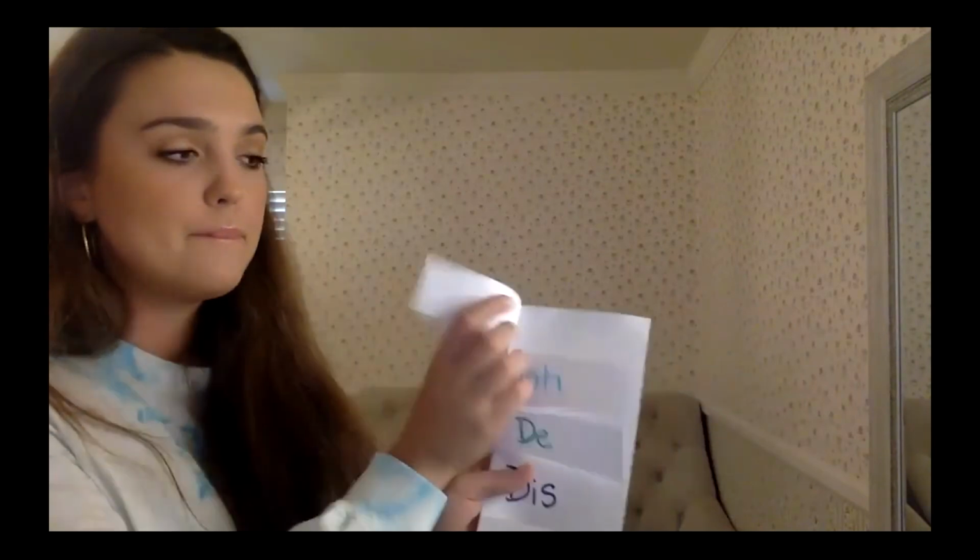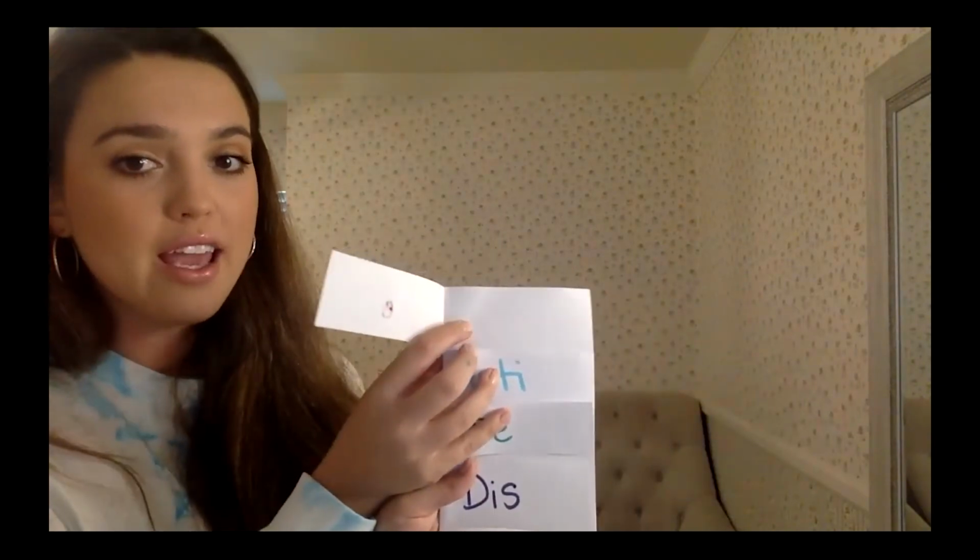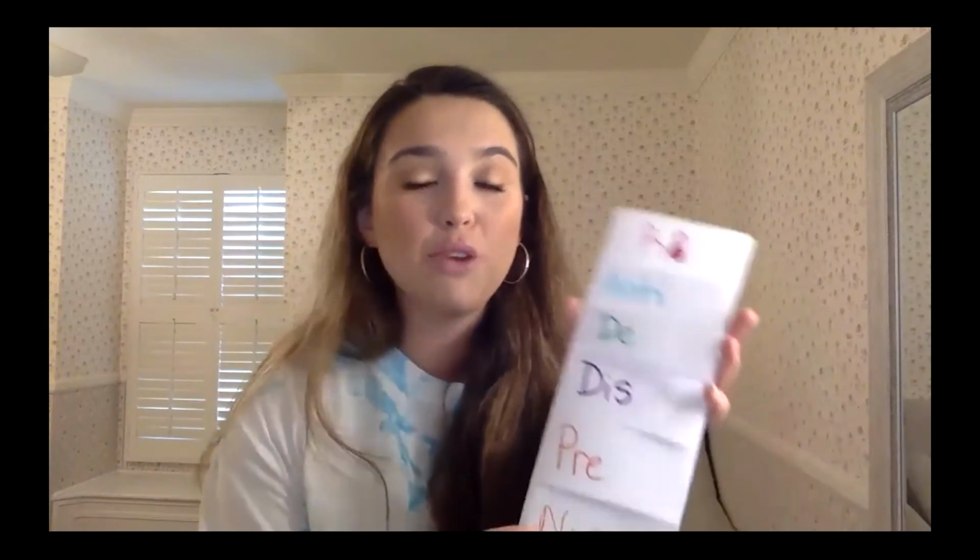Well, all you have to do is peel back your re and you will find words that start with re right in that row. And so it's really nice and very helpful for you, and maybe even when you are reading books, you will see a word and you're not sure what it means, but maybe it has this prefix and you remember, oh wait, maybe I wrote that in there, and you can see if it's in there.